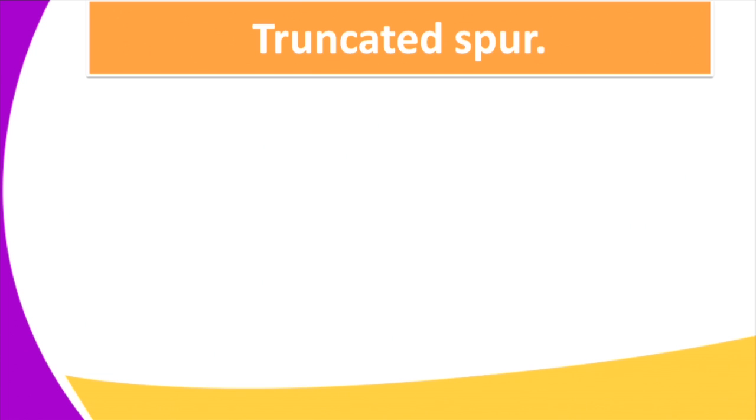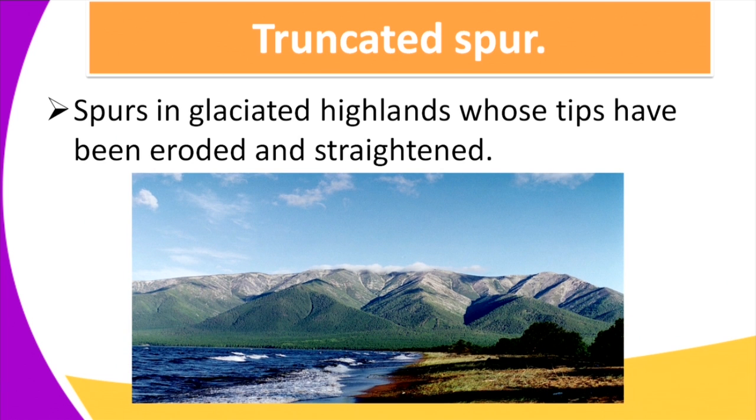A truncated spur is also a projection of a spur. There are different types of spurs: an interlocking spur and a truncated spur. The truncated spur is glaciated in highlands whose tips have been eroded and straightened.